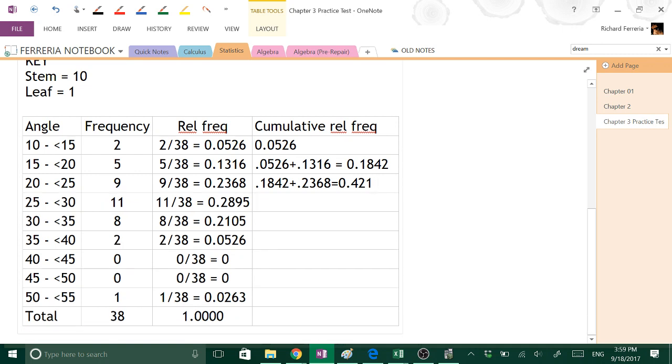We're going to take that 0.421, and to that we're going to add 0.2895. And take that 0.7105. To that, we're going to add 0.2105. Take that 0.921. Add the next relative frequency to it.